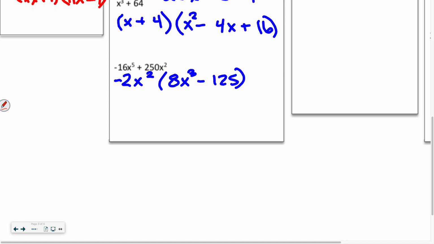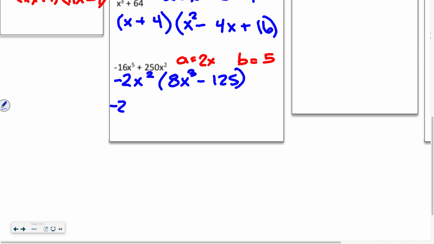So what's your A value? 2x. What's your B value? 5. And remember, you never ever have to worry about a negative there. The SOAP, same opposite, always positive, does all your work for you. Okay, that's the nice thing about the pattern.